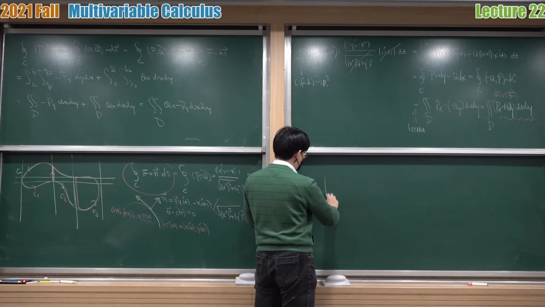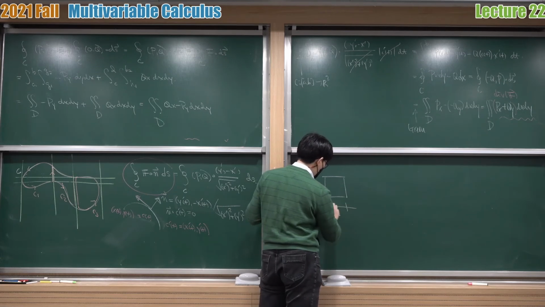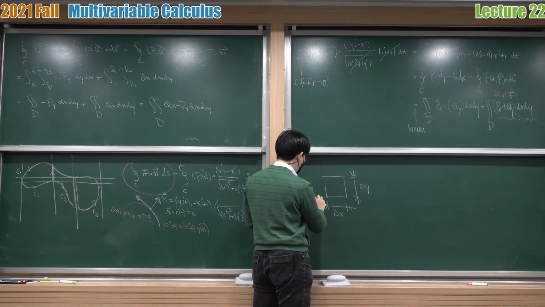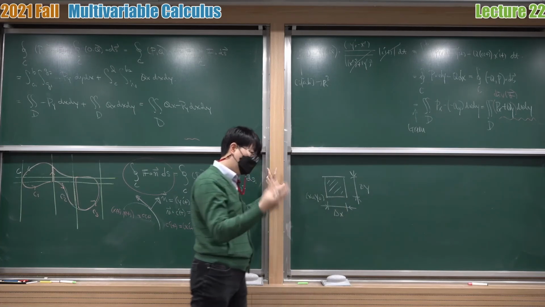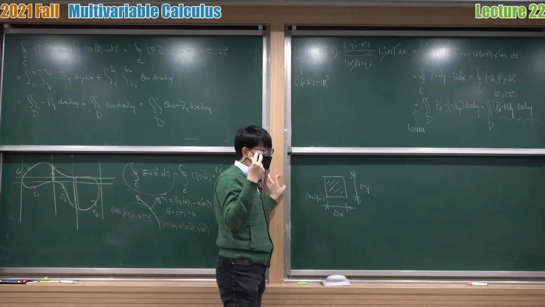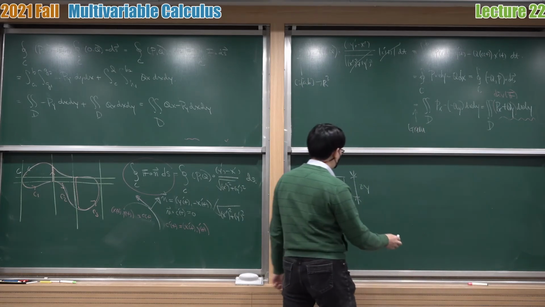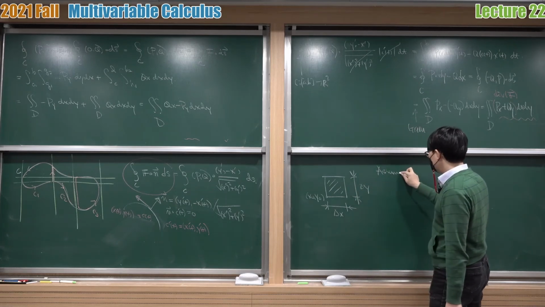Suppose that I have a small box here, the same situation we mentioned in the beginning of the class. We have delta x, delta y, and here we have x0 and y0. And since delta x, delta y are so small, we can think this P_x plus Q_y is almost constant.